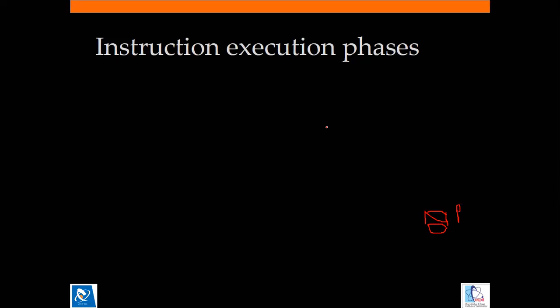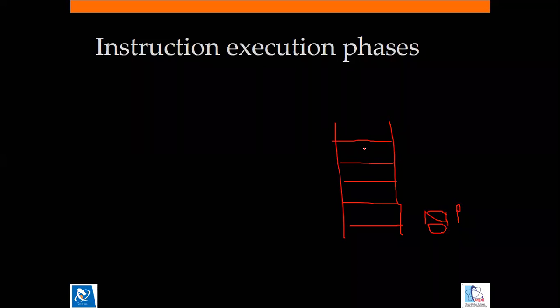Now when you start executing that program, it will go into the main memory, right? Consider this is the main memory, and these are the various slots, blocks of the main memory. Each individual block contains an instruction.